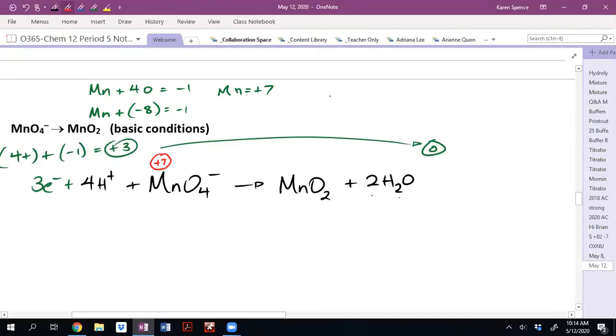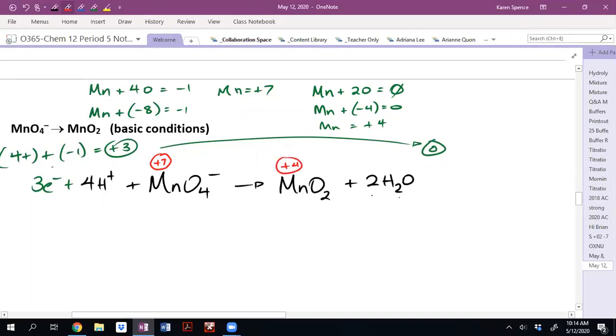On the right-hand side, we have Mn and two O's, and its overall charge is 0. So we have Mn plus 2 times -2 is -4 equals 0. So manganese on the right-hand side is equal to +4.